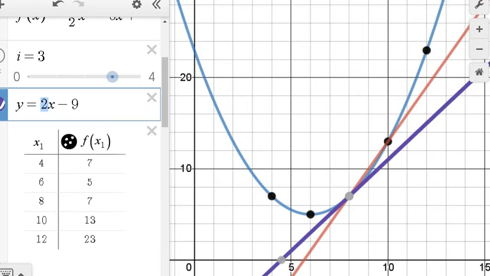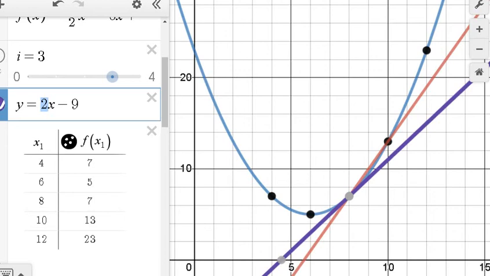It asks us to find the average rate of change of the function on the interval 20 to 60. I'm hoping that you're getting comfortable with average rate of change versus instantaneous rate of change. Average rate of change is the slope of the secant line. It's just the slope of a line between the 2 points. So in this case, between 20 and 60, about here and about here.